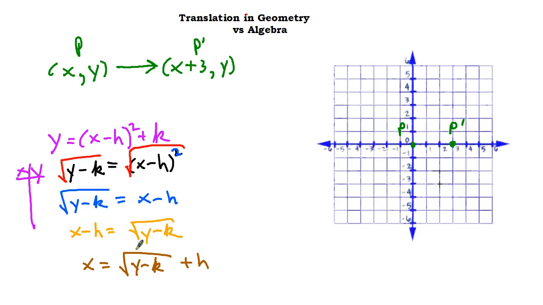So if we take the very same equation and get x all by itself, this x minus h turns the h into a positive. So now we can see that if we put in a 1 here or a 2 here or a 3 for h, where it says x minus h, we're really adding those values onto x.